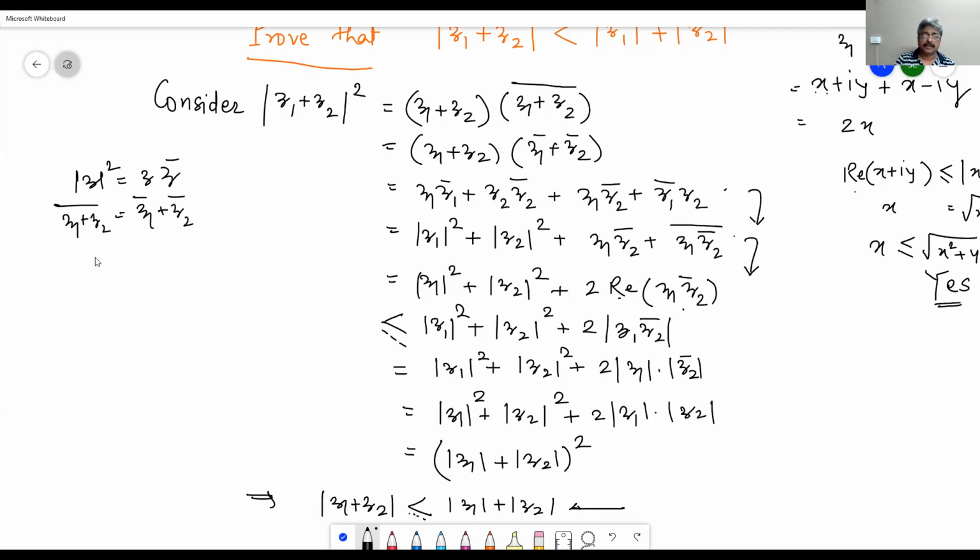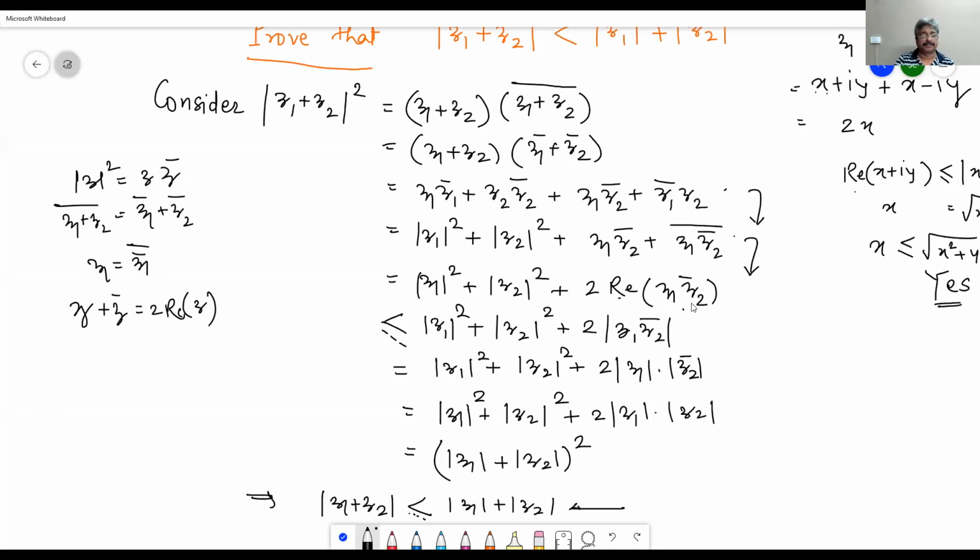Then this is very important from here to here: z1 is equal to z1 bar bar. Then z plus z bar is equal to 2 times real part of z.